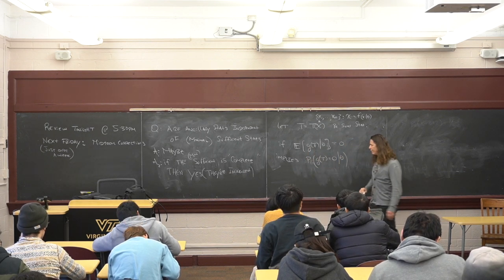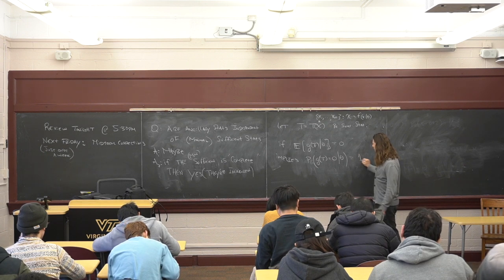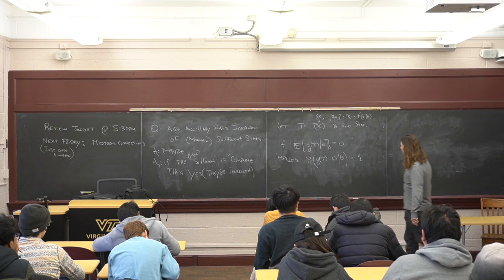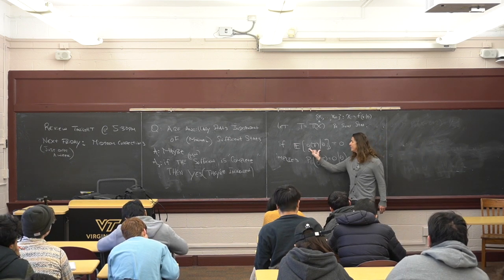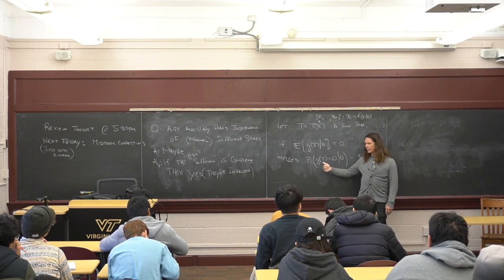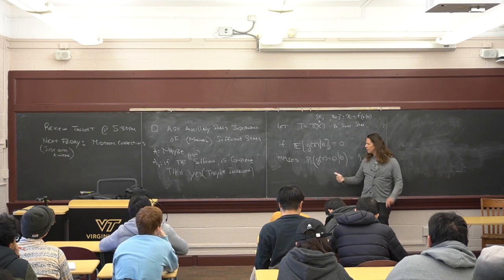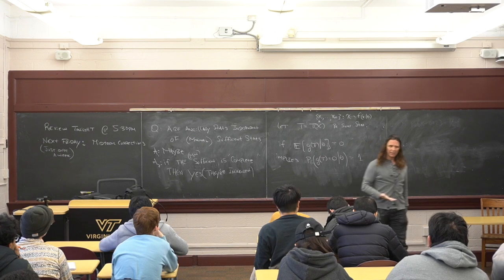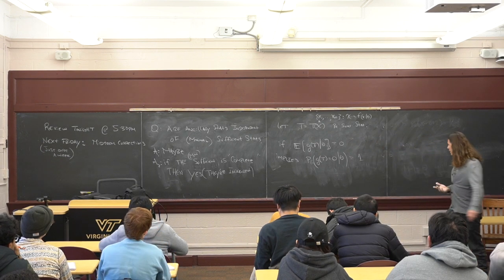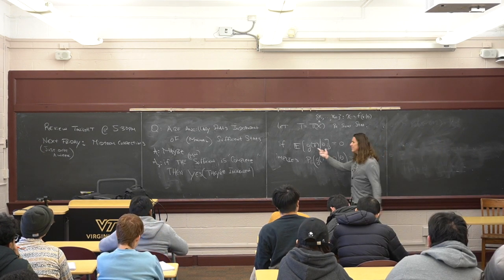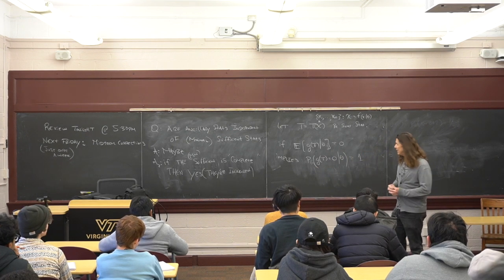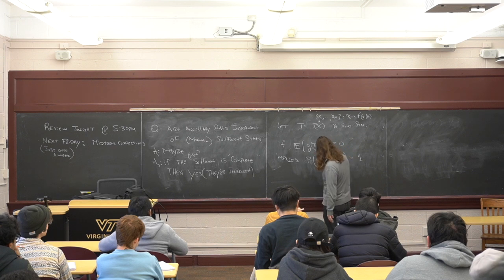And I get to know theta for this, so probability of g(T) is equal to 0. So what this says is, if the expectation of g(T) is equal to 0, then the probability that g(T) is equal to 0 is 1. Let me say that a little bit looser: if I expect for g(T) to be 0, then g(T) is 0. And this is for any function g.